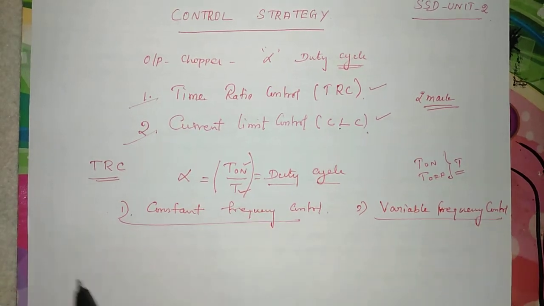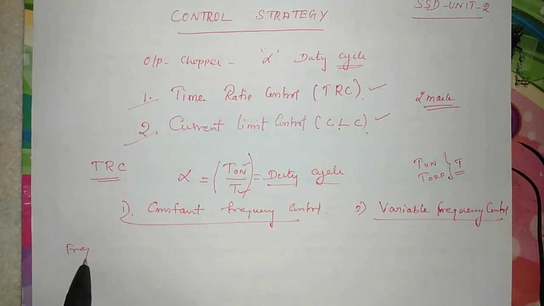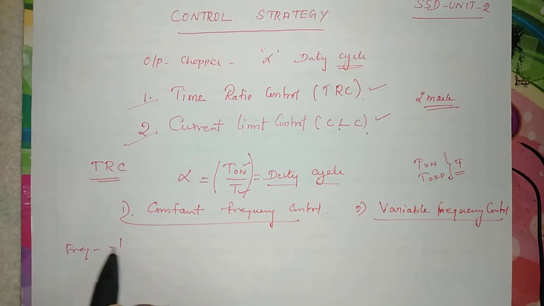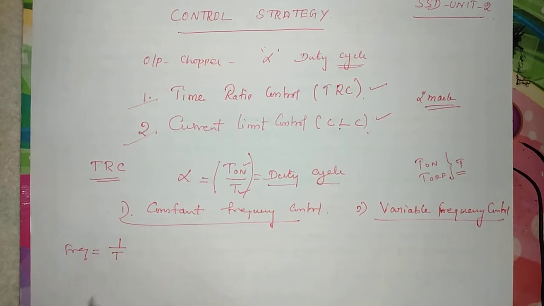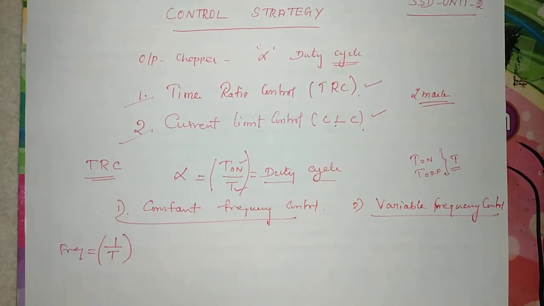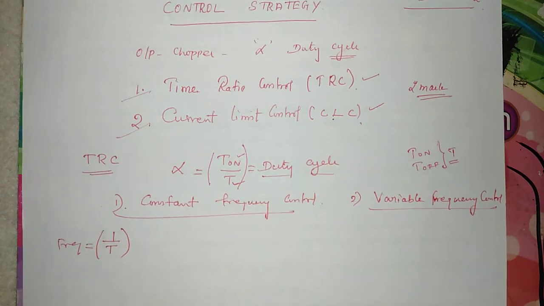First of all, what is frequency? Frequency is nothing but f equal to 1 divided by T, the inverse of time. Now we are going to go through constant frequency control and variable frequency control one by one.